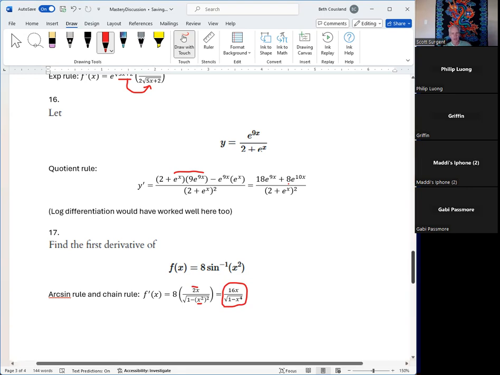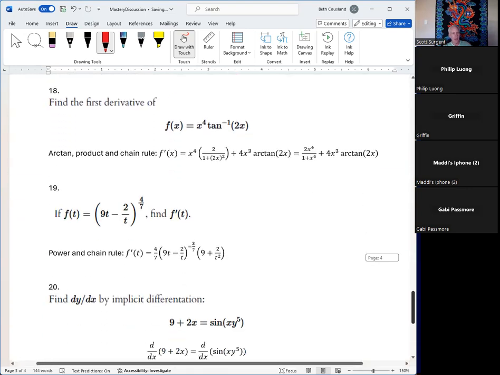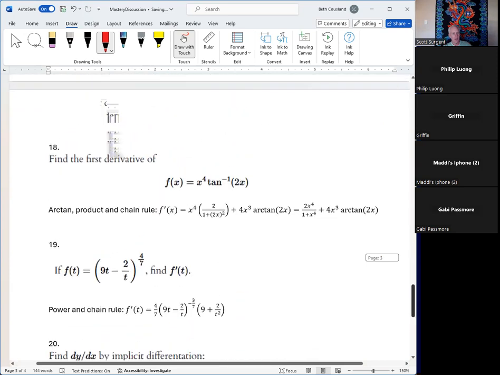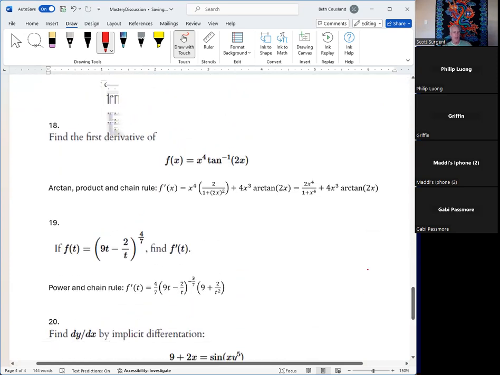All right, let's look at the last couple here. Look at 18 and 19. This one involves arctan. It's x to the fourth times the arctangent of 2x. Yeah, this one you're pretty much stuck using the product rule.